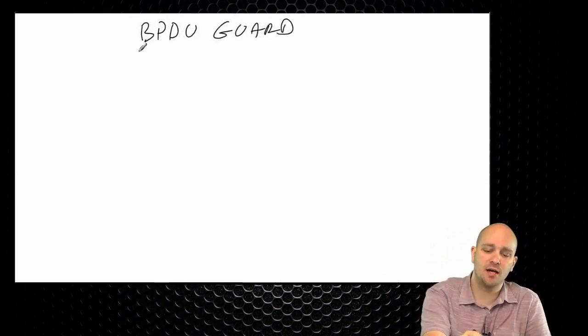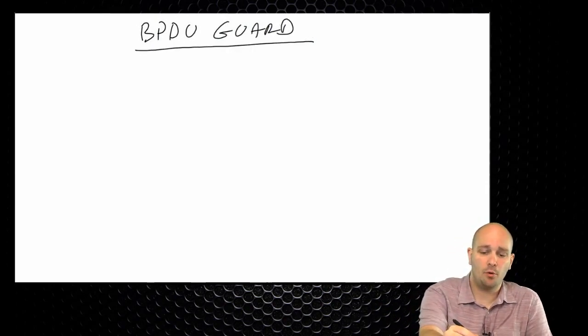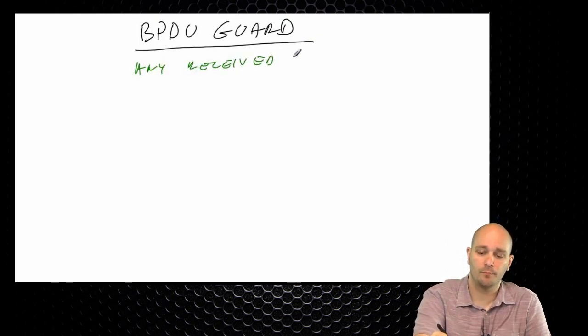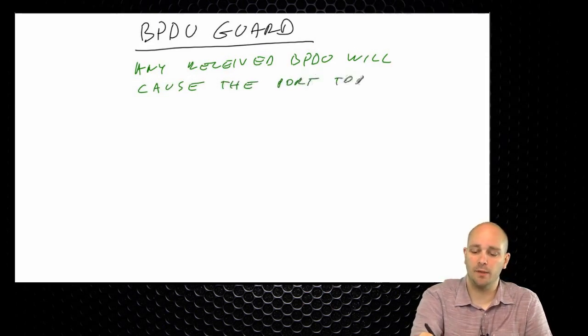BPDU guard is a relatively easy feature to explain. Any received BPDU will cause the port to be error disabled.